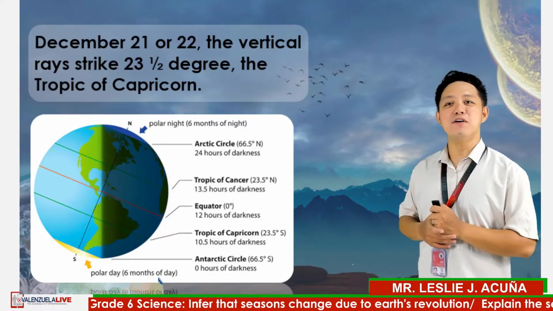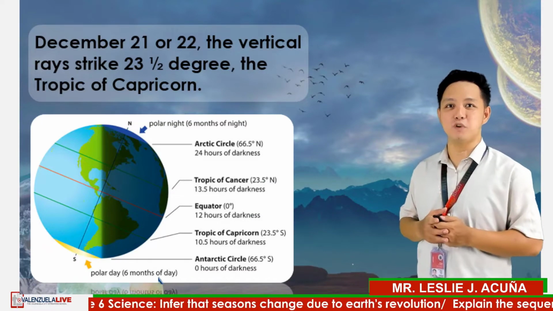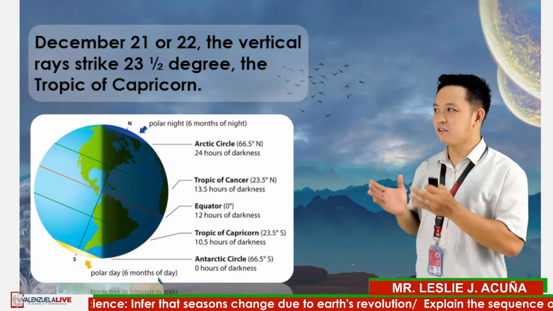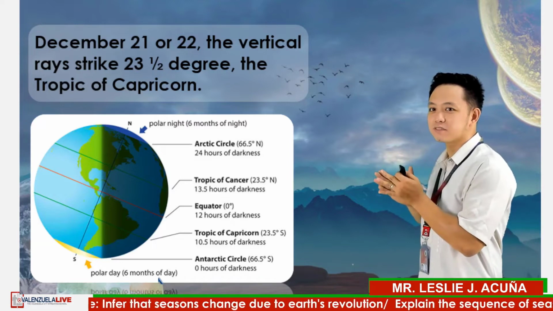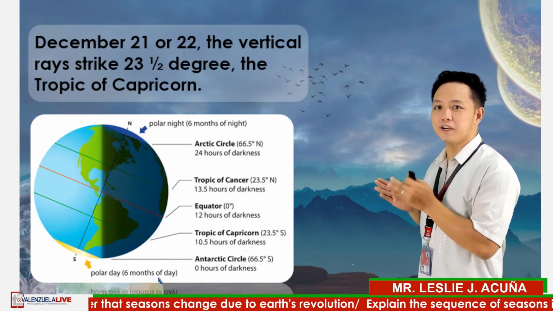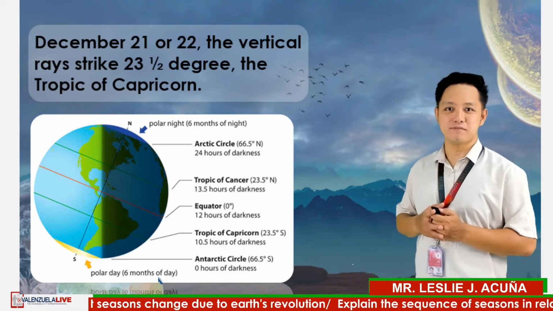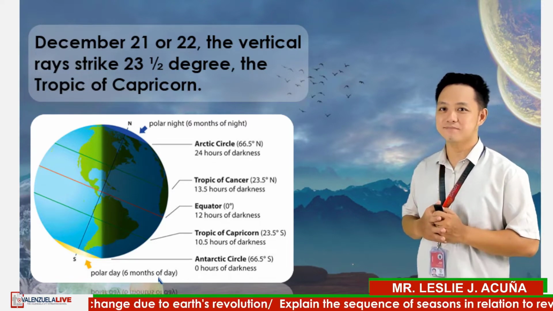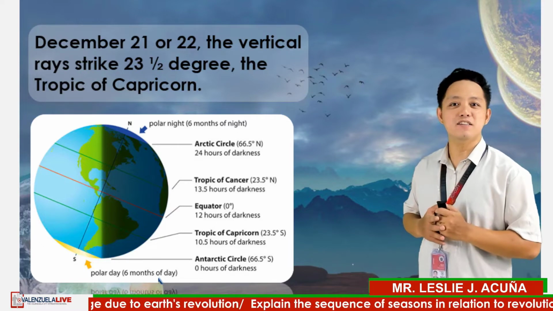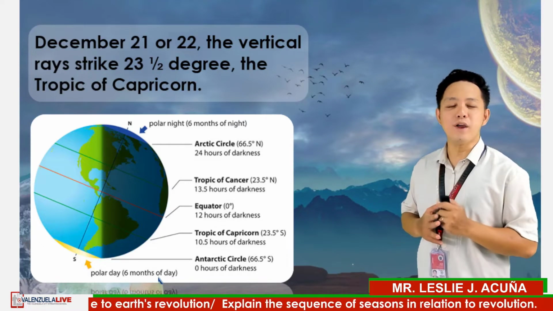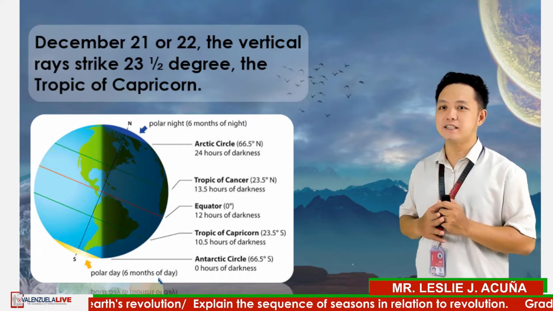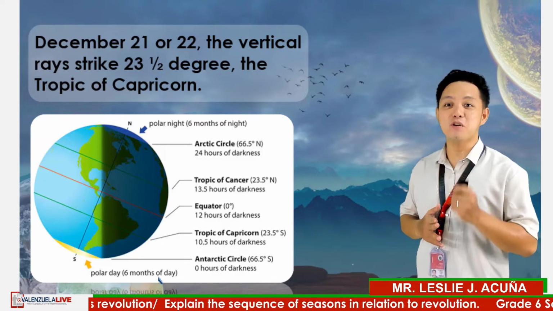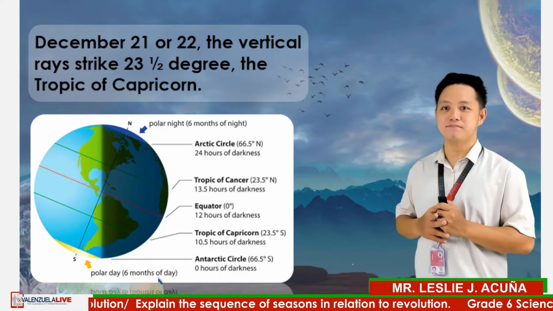As the Earth moves eastward, the vertical rays of the sun move southward from the equator. On December 21 or 22, the vertical rays strike 23 and 1/2 degrees the Tropic of Capricorn.